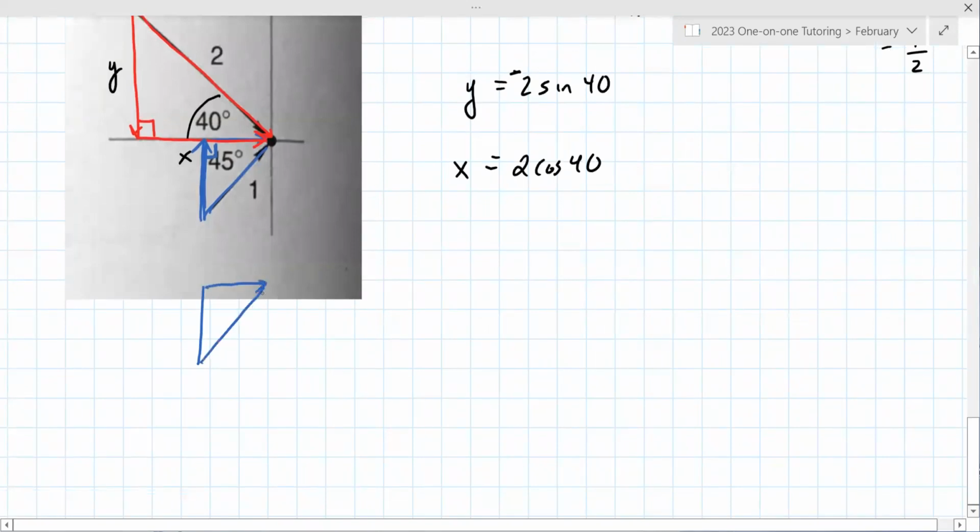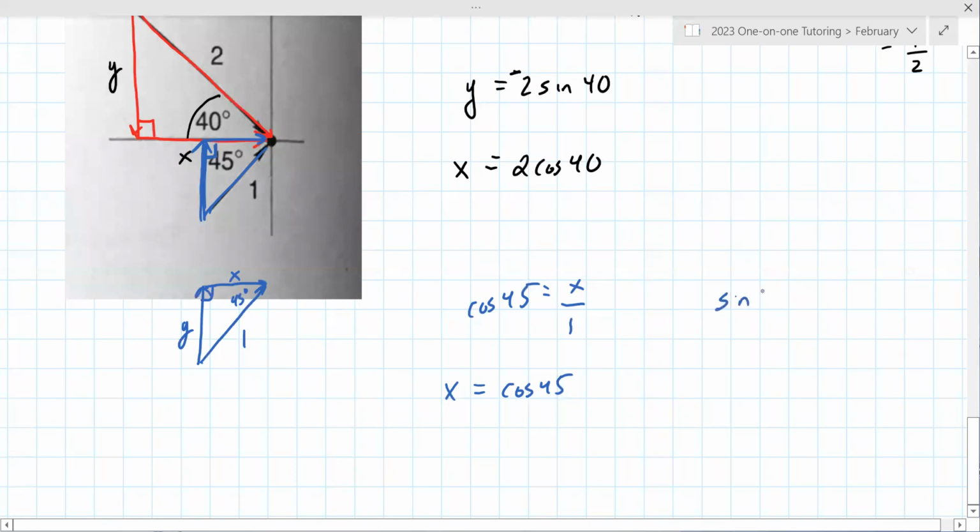And we can again call it X and Y. If you don't like that, let me know, but that's okay. So the cosine of 45 is the adjacent over the hypotenuse. So that's X over 1. So X ends up equaling cosine 45. And it's already positive because it's going to the right.